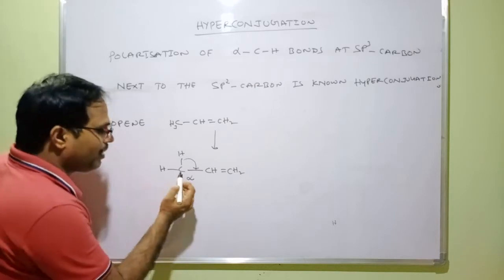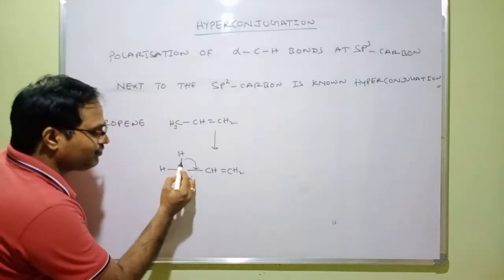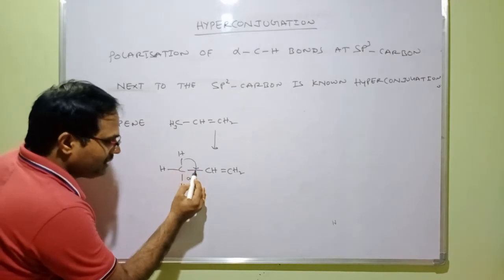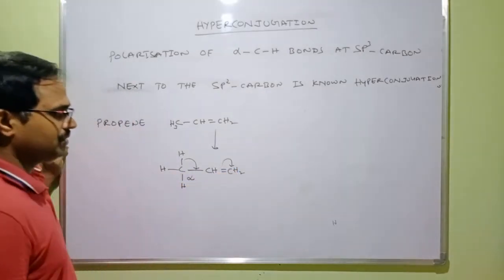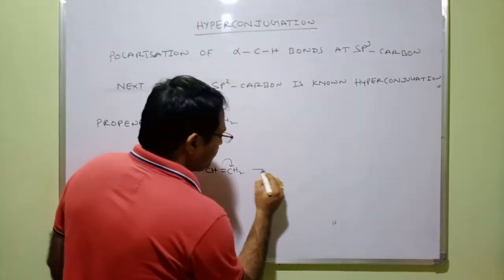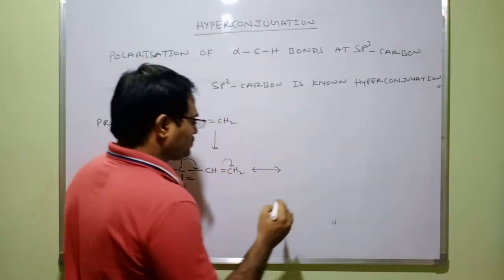Now, the sigma bond present between carbon and hydrogen will move from here to here. Consequently, this pi bond will move toward this carbon. As a result, you will get a structure like this.